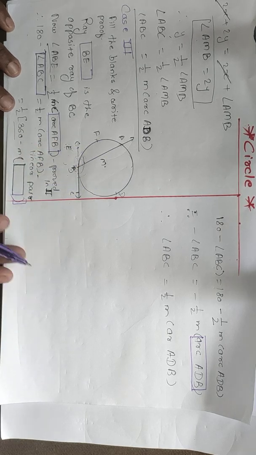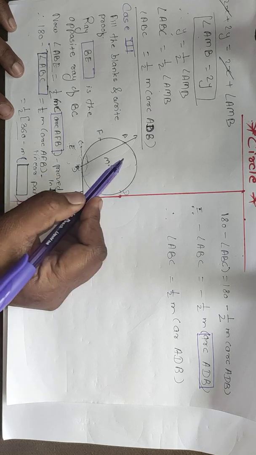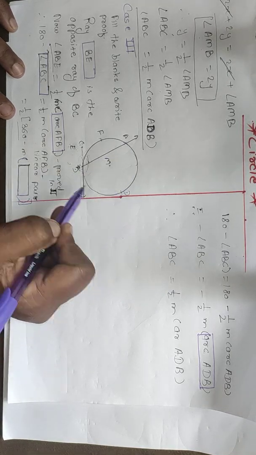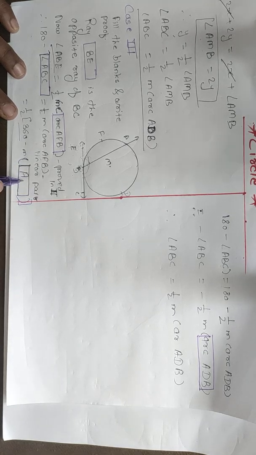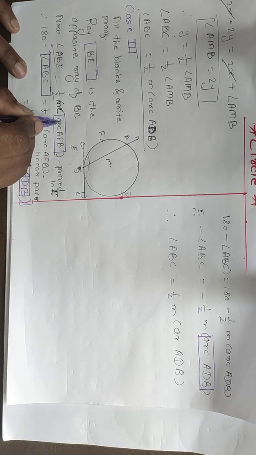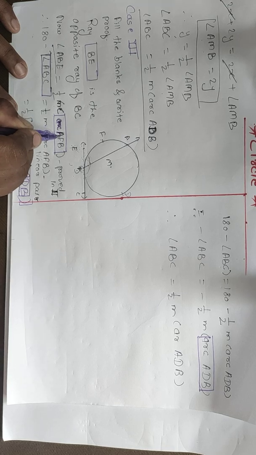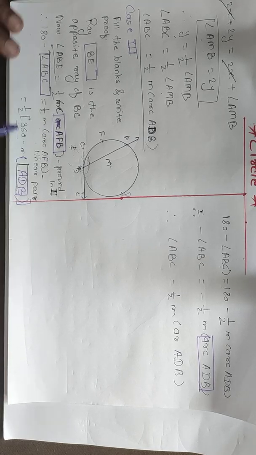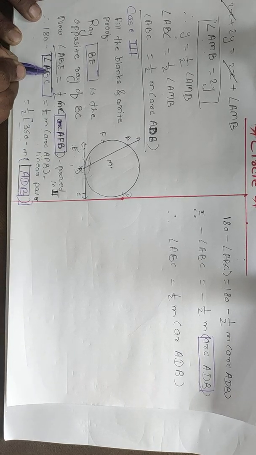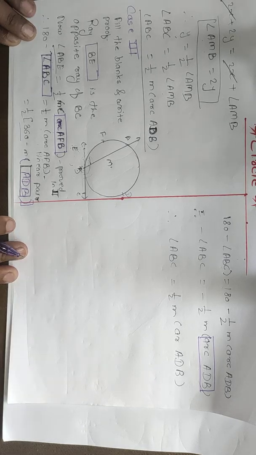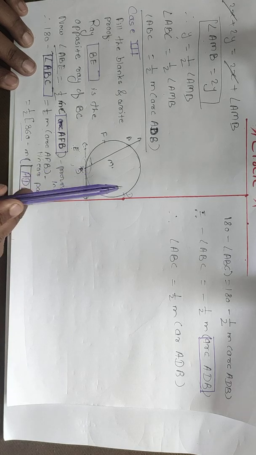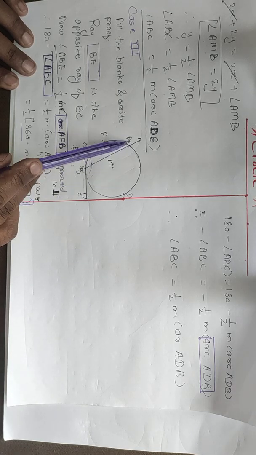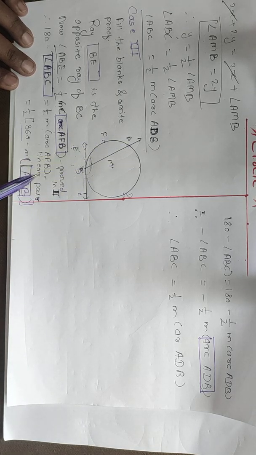Here it is written in the activity, and we have to subtract this arc ADB. So we will write here arc ADB. Now this arc AFB, if we subtract ADB from 360, is equal to AFB.